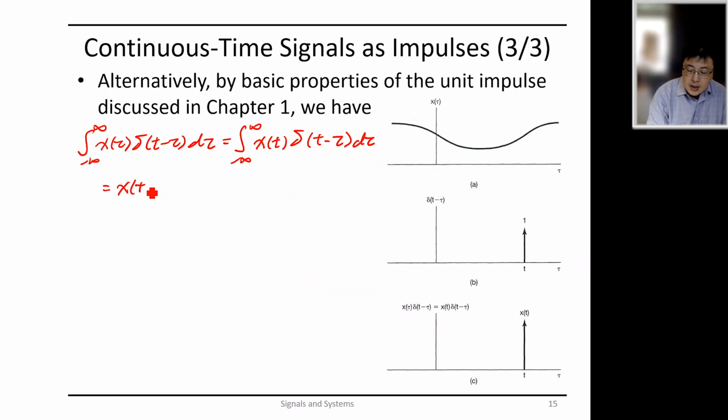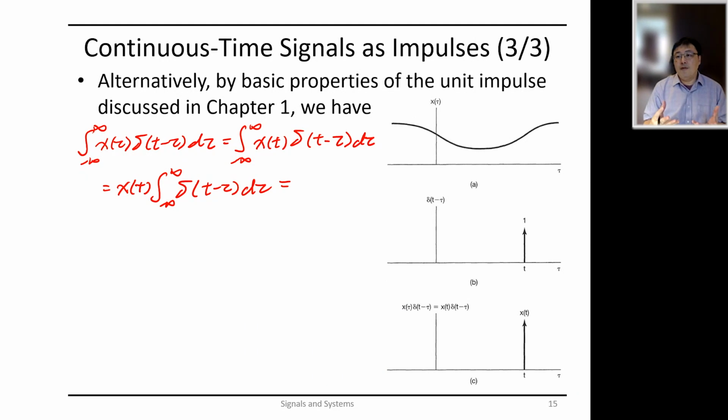So this gives me x of t times the integral of delta of t minus tau d tau. And because the area of a unit impulse function is 1, this integral is 1, and therefore this is just x of t.